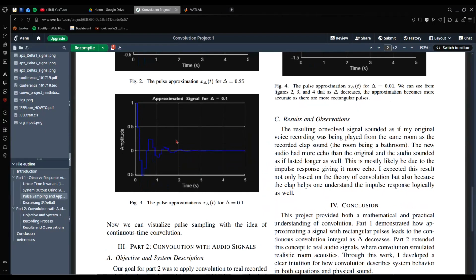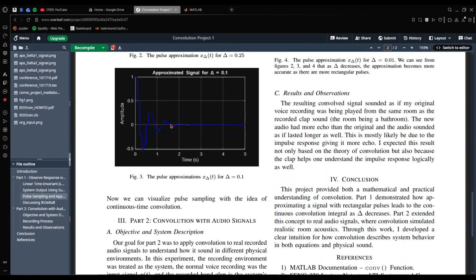Review of part 1. Now moving on to part 2, the objective here was to take that math concept from part 1 and apply it to sound and recording. I treated the recording environment as a system, and I used my own voice as the input signal x of t, and a hand clap, which represents our response, h of t.